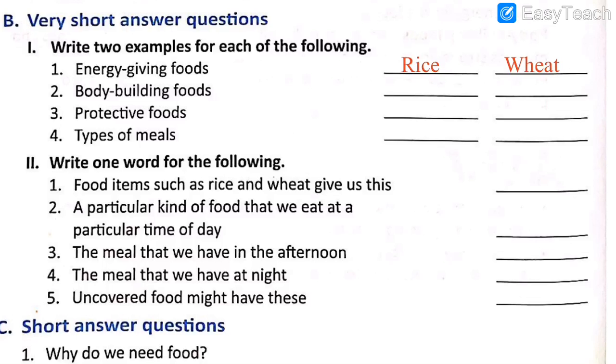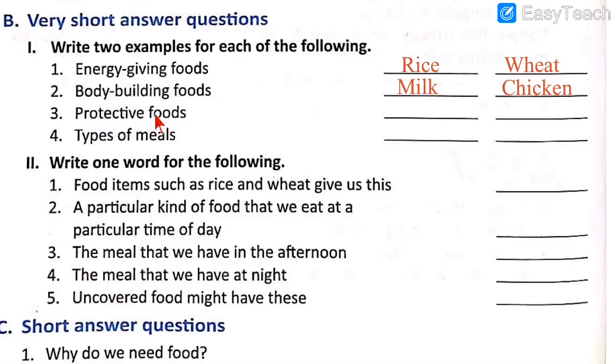They help us grow. They make our bones and muscles strong. So they are called bodybuilding foods. Let's write the two examples. So here the two examples are milk and chicken. Milk and chicken are the bodybuilding foods which help our bones and muscles grow.